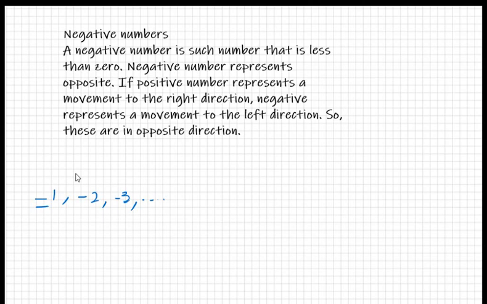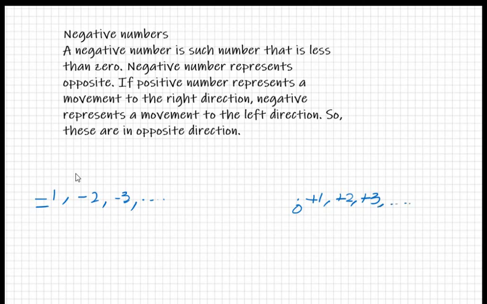So these are opposite. So positive, you know that. Let's suppose 0 is in the middle. When you move to the right, there will be +1, then +2, +3 and so on.